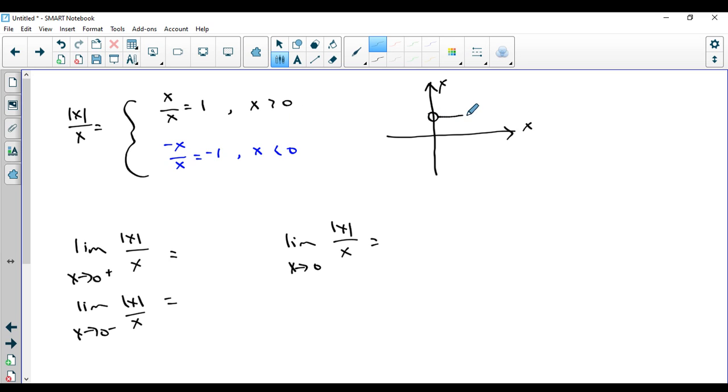Well, a constant is going to be a horizontal line, all right? So that's going to be just that. Notice I put an open circle here because we're not defined at 0. For x values that are less than 0, you're going to sketch the graph of negative 1, which is going to be that constant right there. So I'll put a little negative 1 there. All right. So this is what the graph of absolute value of x over x would look like.